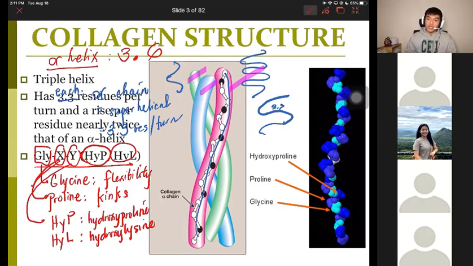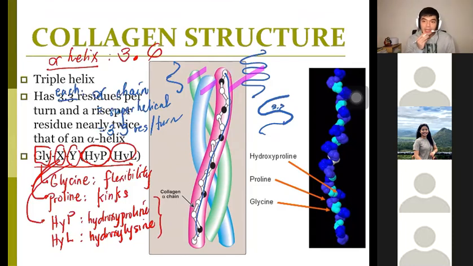Very good. So, ang hydroxyproline at hydroxylysine ay derived amino acids. Now, ano naman ang importance nila? They provide tensile strength.